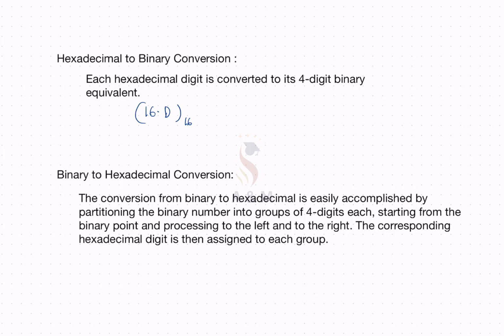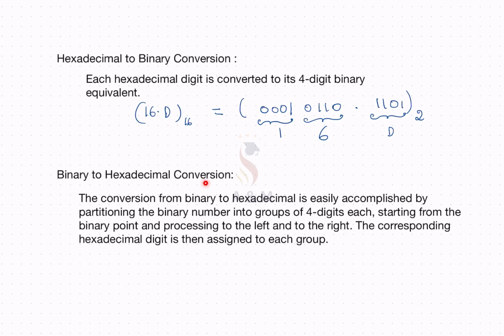When it is converted into binary, we get 0001 0110 dot 1101 to the base 2, where 0001 is equal to 1, 0110 which is equal to 6 and 1101 which is equal to D.